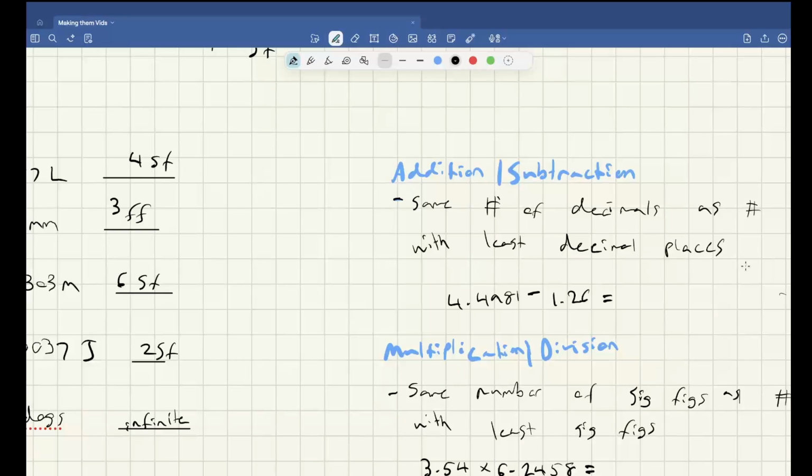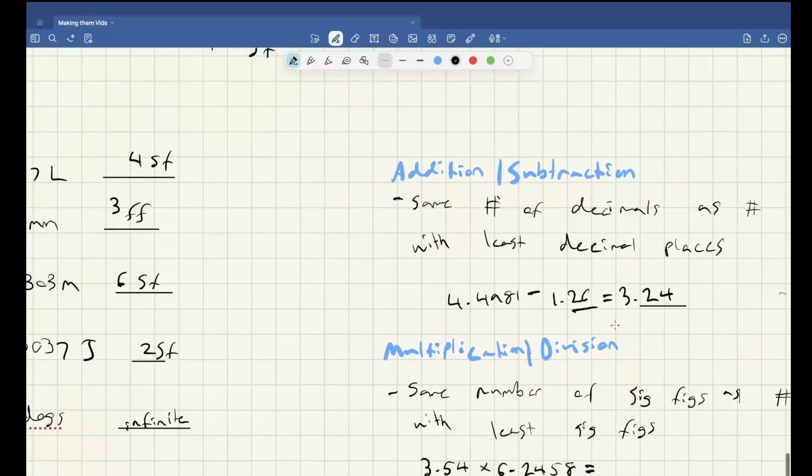We get 3.2381. But since 1.26 has the least number of decimal places, 2, the answer also needs to have 2 decimal places. So we need to round this and say it was 3.24 to make sure it's in line with sig figs.